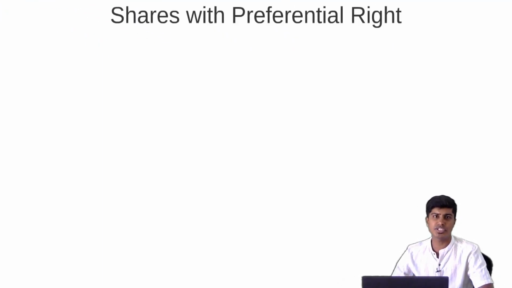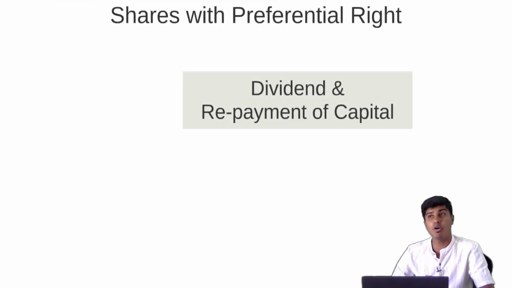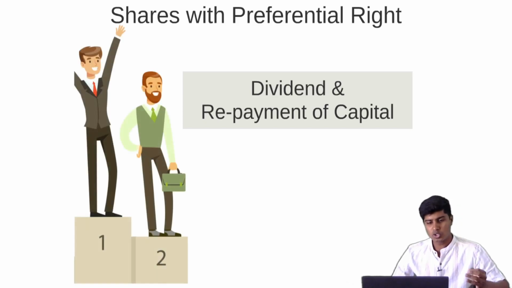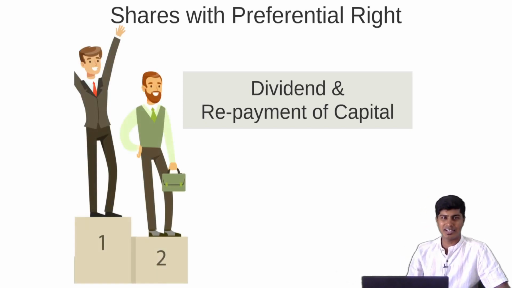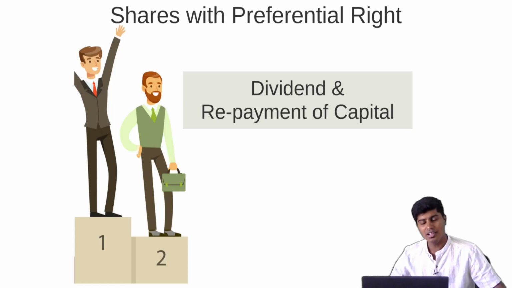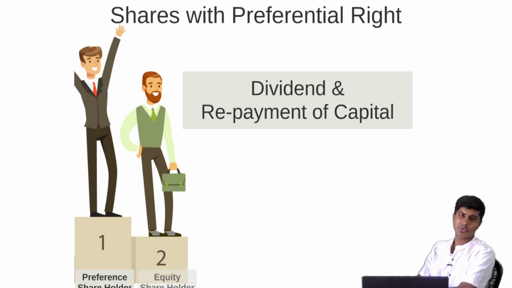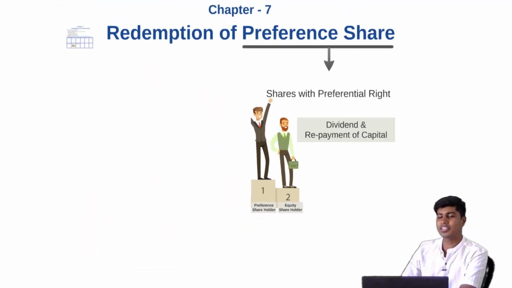So in both of these situations, first it will be paid to preference shareholders, and after that you pay to equity shareholders. So in the race to collect dividend and repayment of capital, the first receipt will be by preference shareholders, and after that comes our equity shareholder. I hope you got this part.